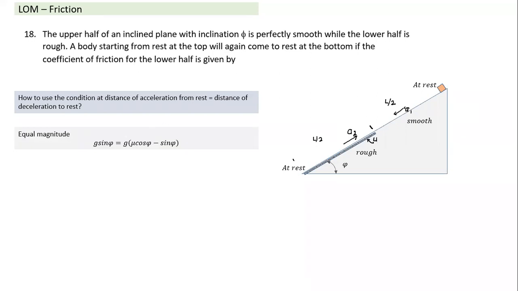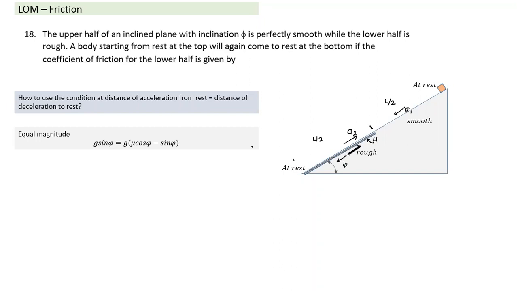In this case, acceleration is downwards, which is equal to g sine phi. Here, the acceleration is upwards. Why is the acceleration upwards? The force acting in the upward direction must be greater than the component of force in the downward direction. So if we write the acceleration, the force acting in the upward direction is friction force, and the one acting in the downward direction is mg sine phi.